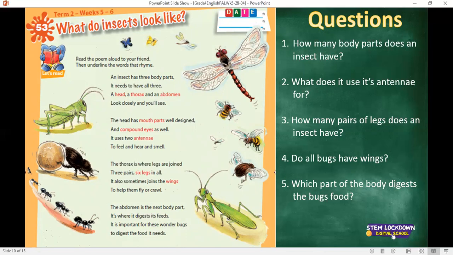Remember, we're asking for pairs and not the total amount. Number 4, do all bugs have wings? That's just a yes or a no. And number 5, which part of the body digests the bug's food? Look at the poem on the left-hand side. All the answers come straight from the poem.